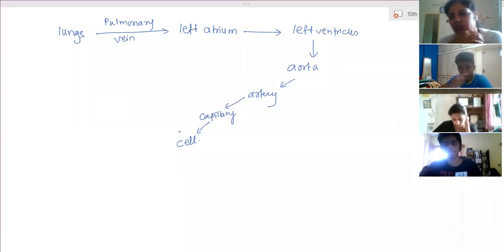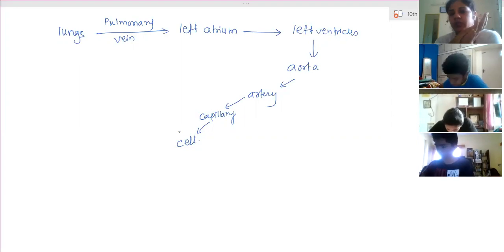After the artery, arterioles are present and then capillaries. But your textbook does not explain anything about arterioles, so you can mention this much. Keep it in a straight line, in proper order, that's better. Okay, clear?